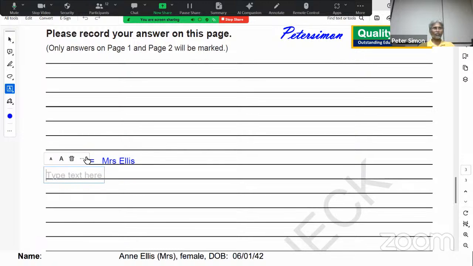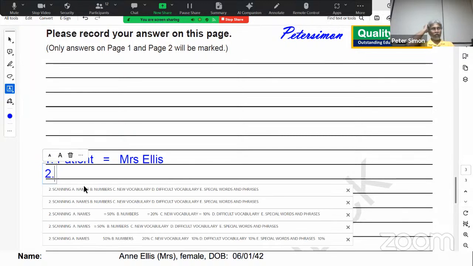Next, number two. What is the stage going on?